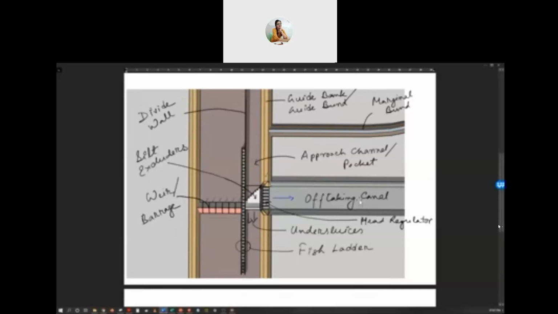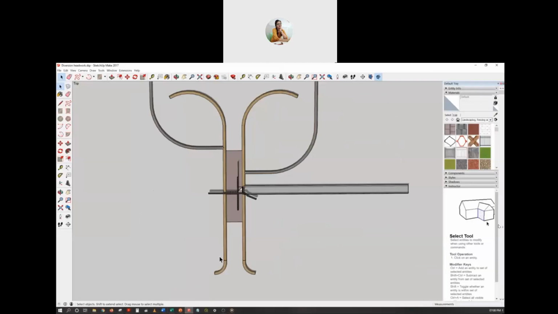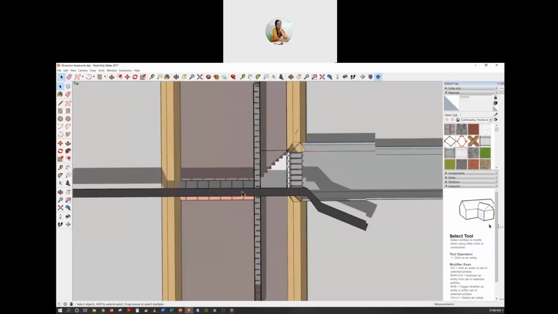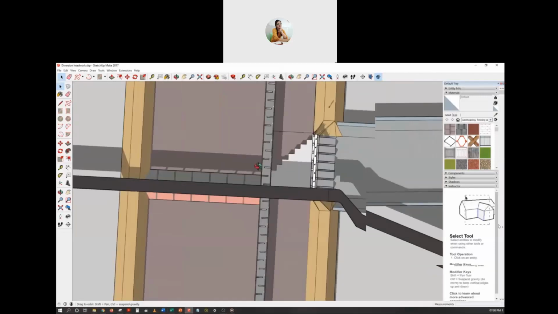Now, let us look at this structure from a 3D perspective. So this is the structure from the top view. These are the embankments, the guide banks or guide bunds.